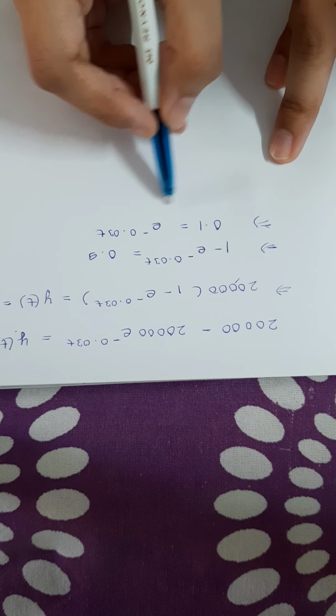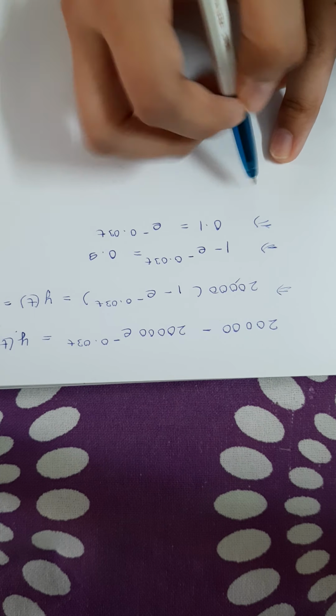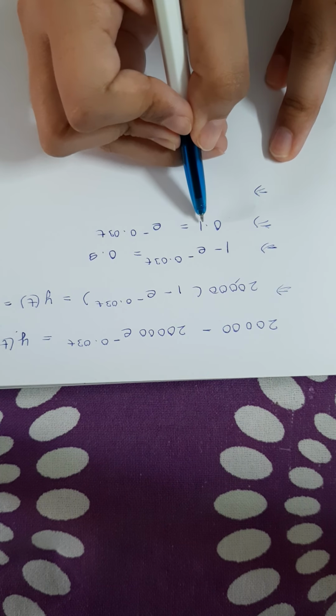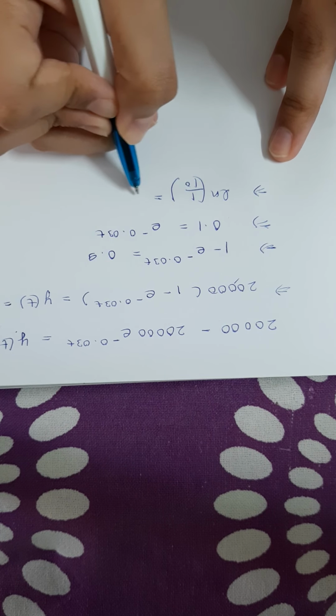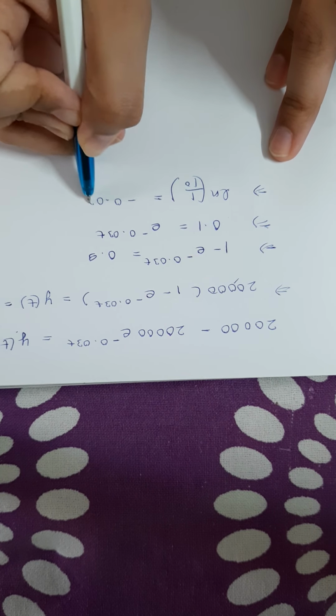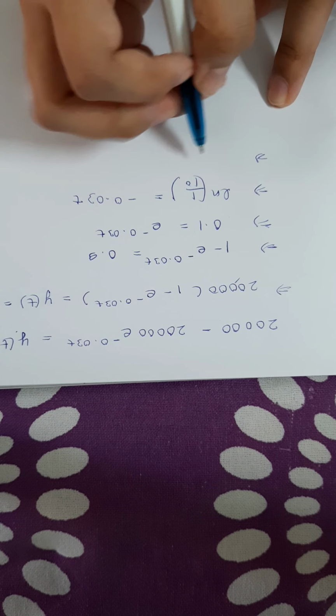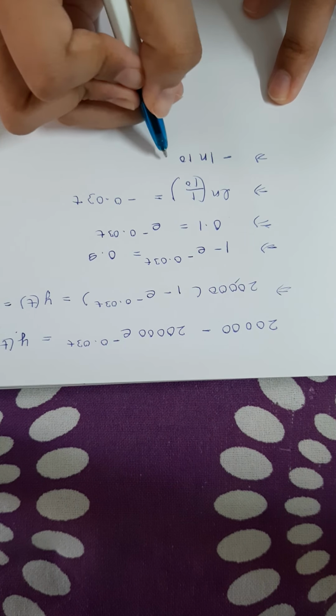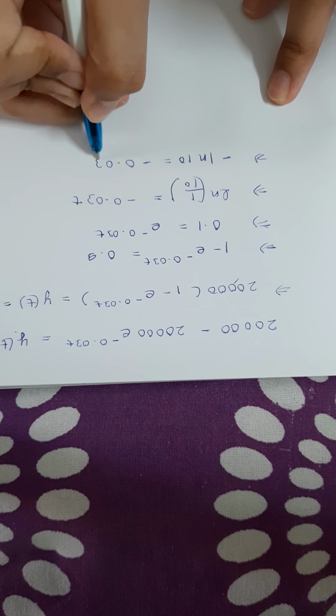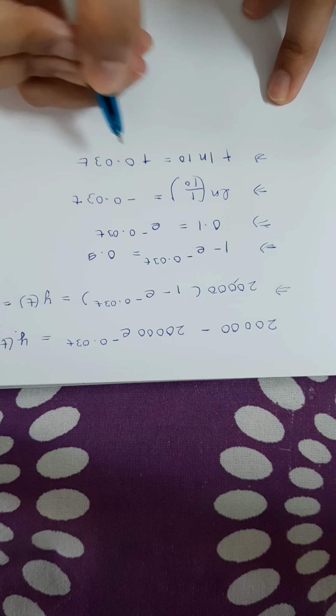So again we can take this over here, it will become an ln, and this is 1 by 10, right? ln 1 by 10 is equal to minus 0.03t, which implies minus ln 10, by the rules of log, is equal to minus 0.03t.